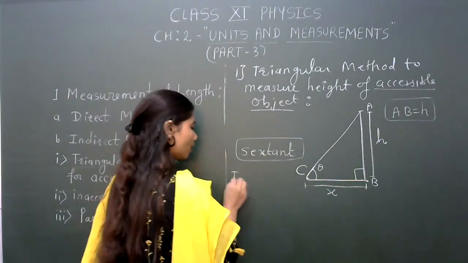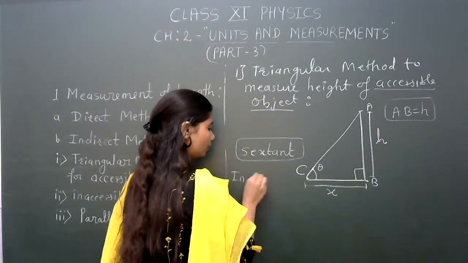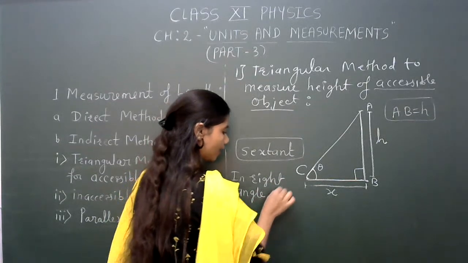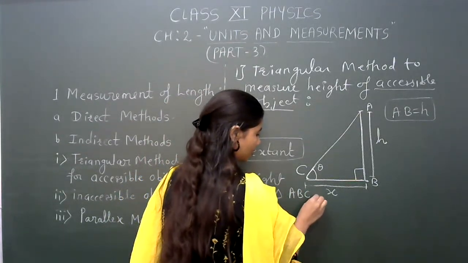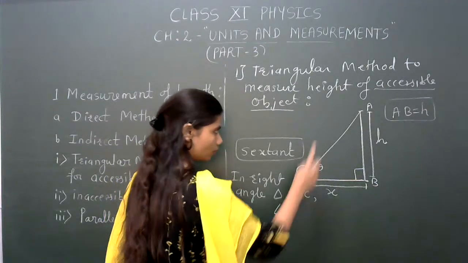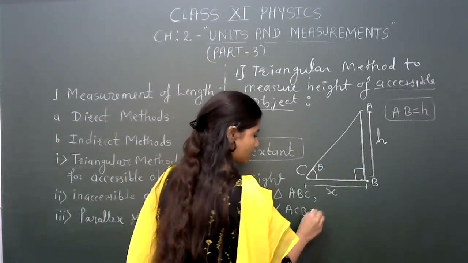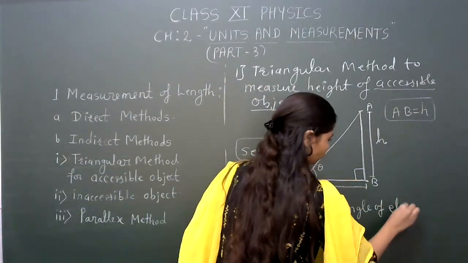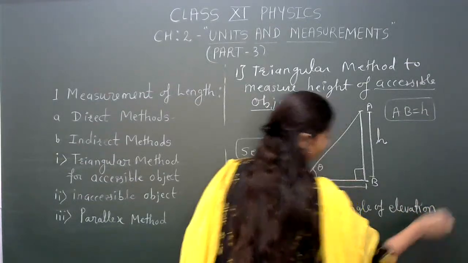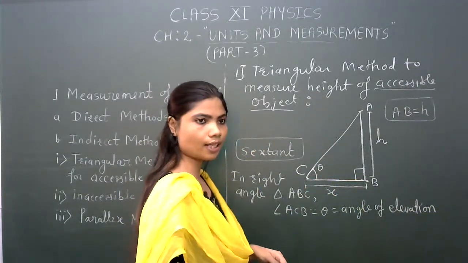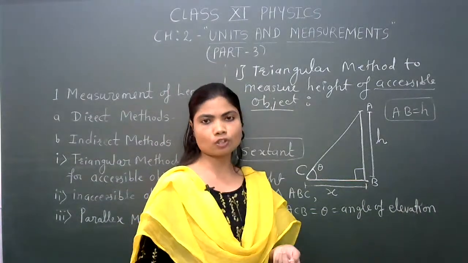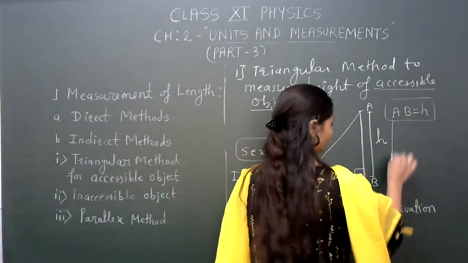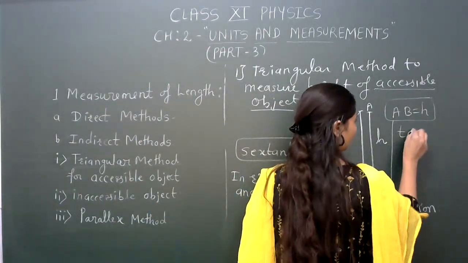So in right angle triangle ABC, of course, the angle of elevation ACB is equal to theta, but B is 90 degrees. So using a trigonometric function, what will it be?